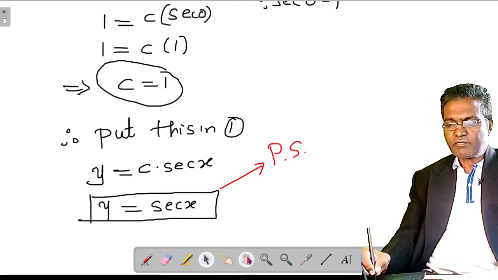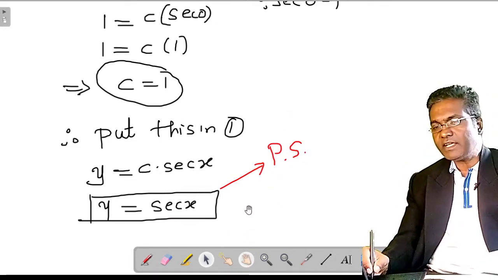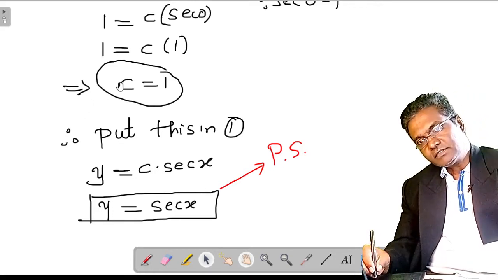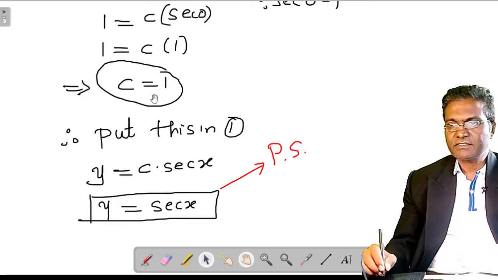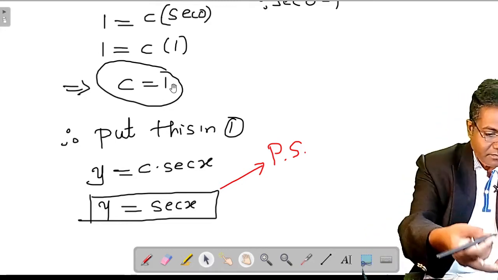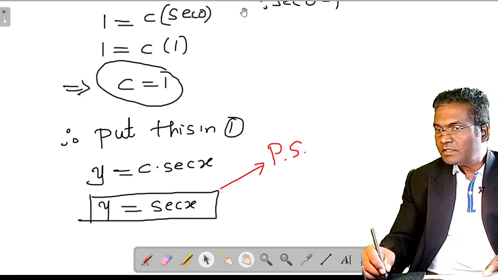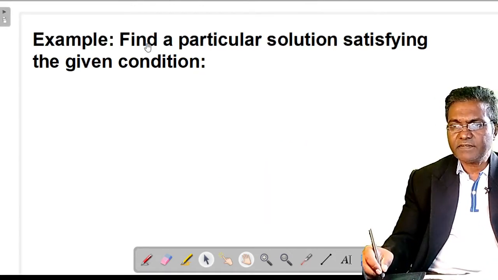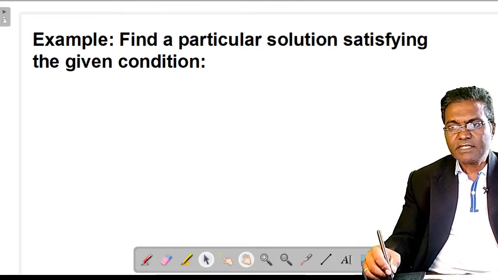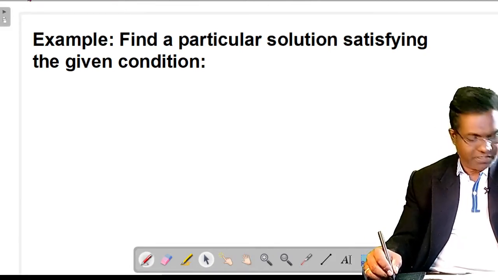So in this way you have to find the particular solution by finding the value of the arbitrary constants using the given conditions. Let's have another example. Find the particular solution satisfying the given condition for the given differential equation.